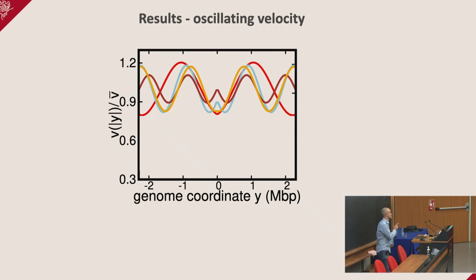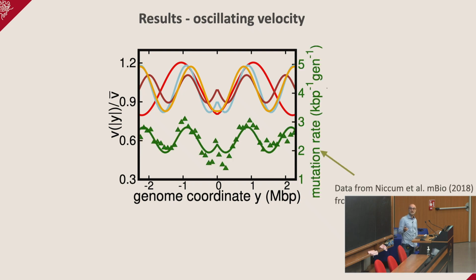What they found is this. The mutation rate along the E. coli genome also displays wave-like variations, and these variations are highly correlated with the pattern we find. In fact, the correlation coefficient is around 0.75. This is quite remarkable because these are experiments done in different conditions, in different labs.